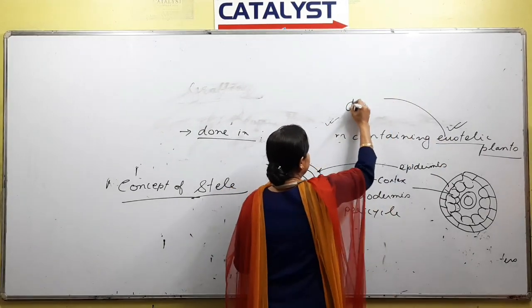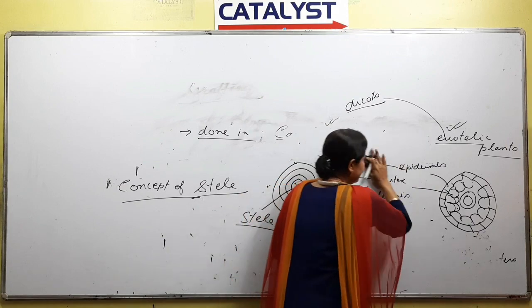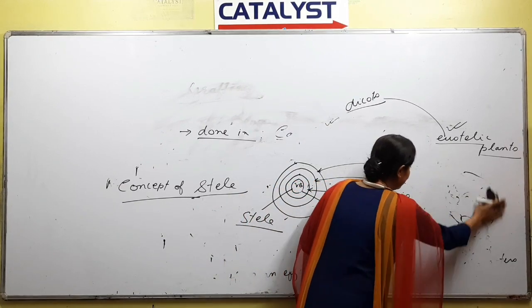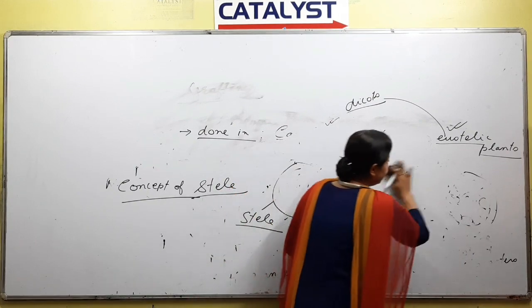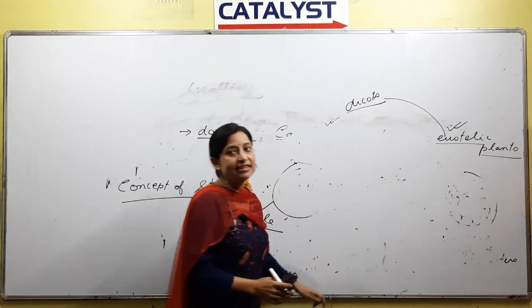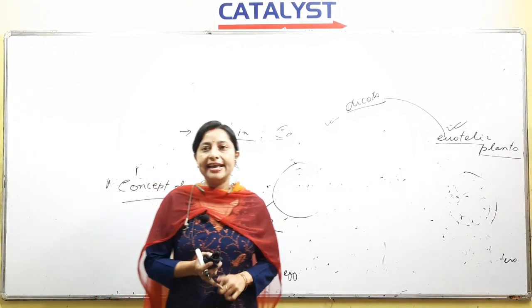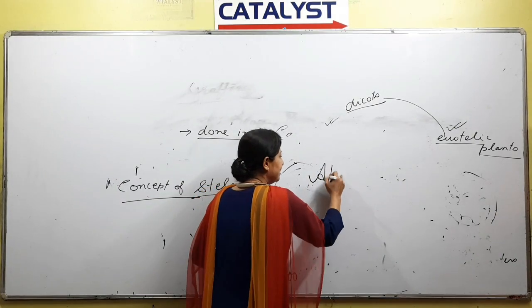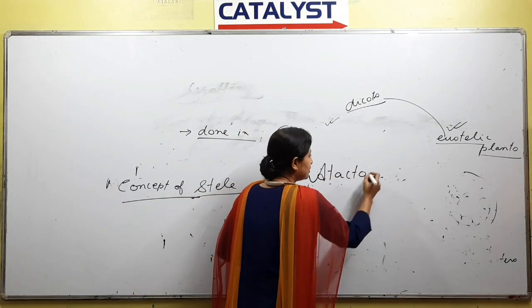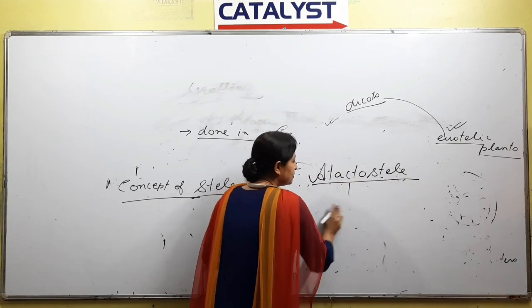Dicot plants, we are talking about the dicots. Grafting is possible in those plants that have the cambium and eustelic development. What is eustelic development? We are talking about the development of a stele. What is the highest type of stele? The highest type of stele is called the ectactostele. And what is the highest plant?